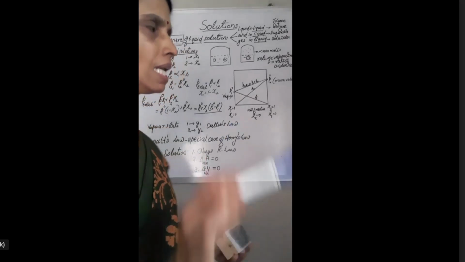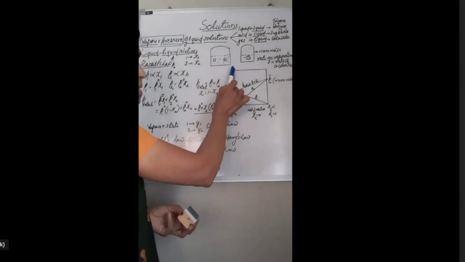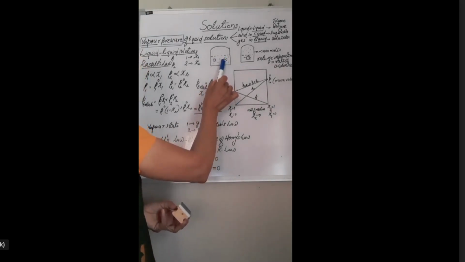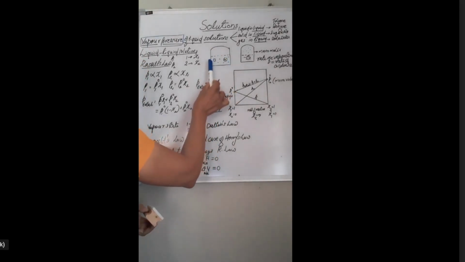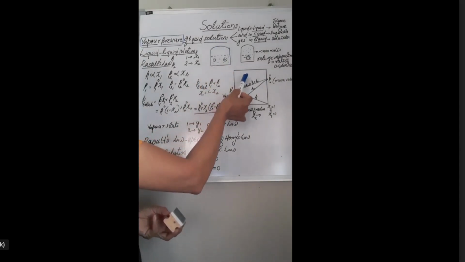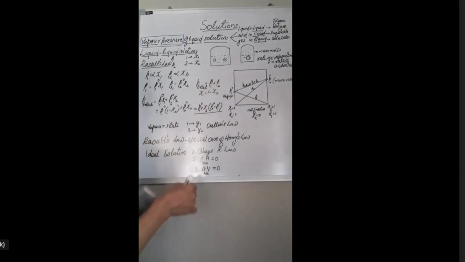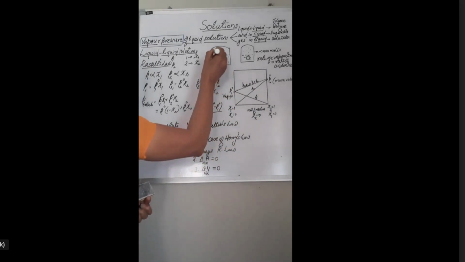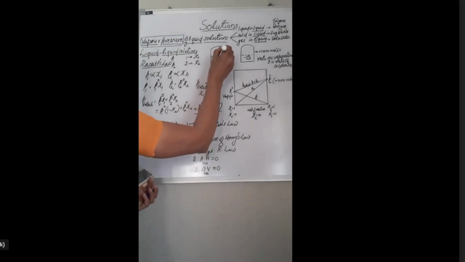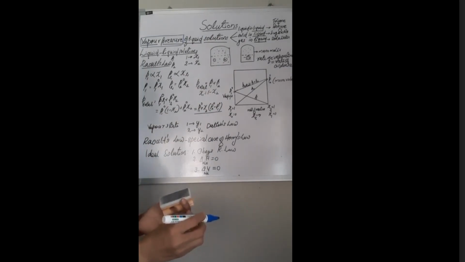Now consider liquid solutions where we have two volatile components, for example component 1 and component 2, kept in a closed vessel. Since both are volatile, both will change to the vapor state. Molecules of component 1 will be in the vapor state, and molecules of component 2 will also be in the vapor state.